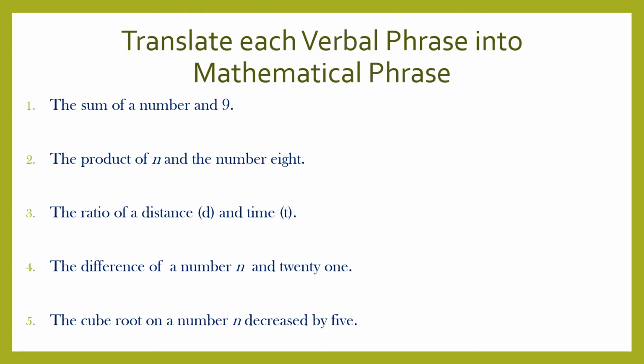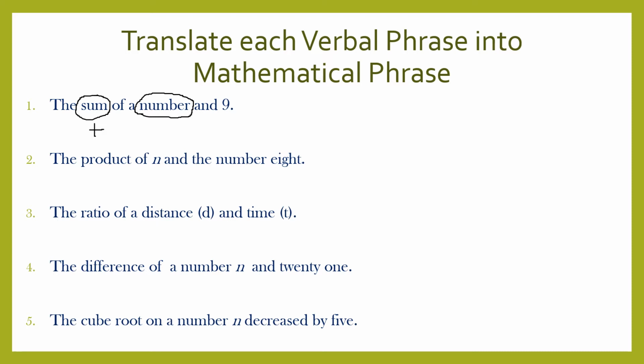So, in this case, number 1, we can see the sum. So, which represents what operation? That is addition. So, the sum of a number. There is a missing number. We can represent this number as a variable.